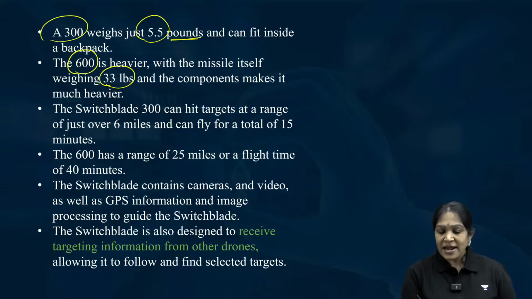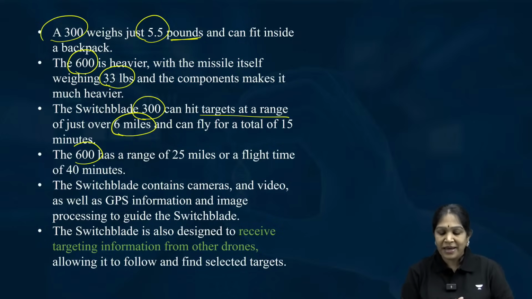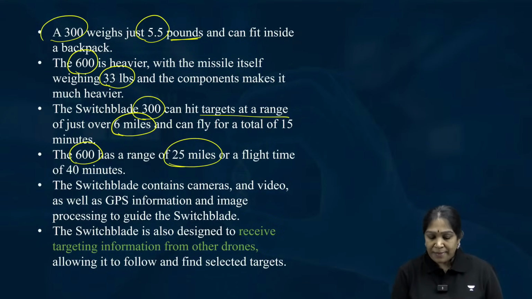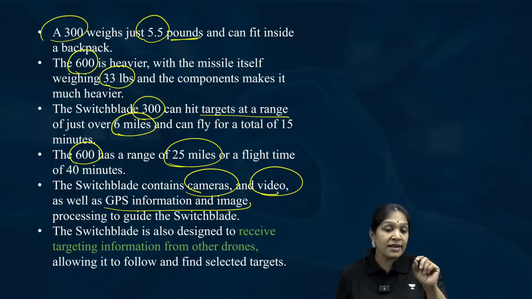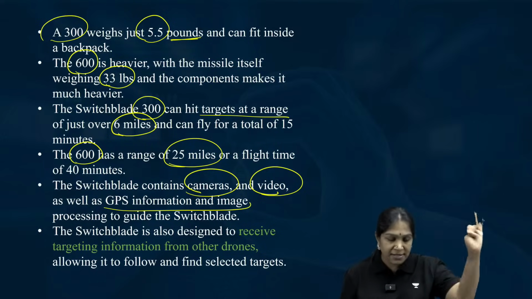Similarly, Switchblade 300 can target at a range of 6 miles, whereas 600 can target at a range of 25 miles. Plus, they contain cameras, videos, GPS information. How do they recognize the target? Cameras, videos, GPS.